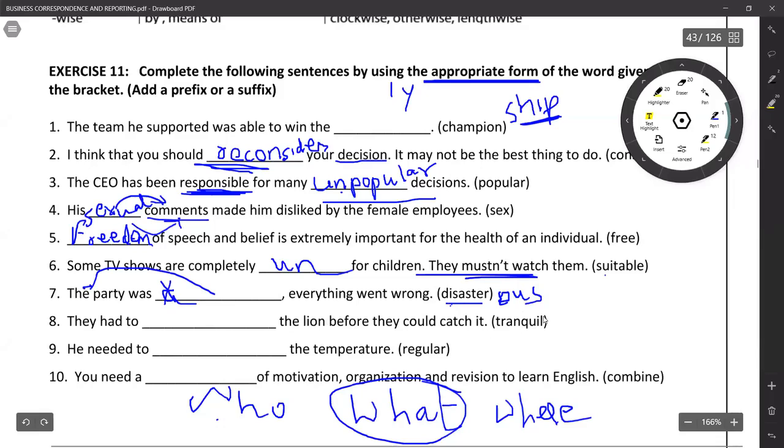OUS. Okay. They had to dash the lion before they could catch it. Yeah, they had to calm the lion down. They had to soothe the lion. They had to tranquilize the lion. IZE. Now, Dhruva has said ISE, Adarsh has said IZE. Which one, guys? IZE or ISE? Tranquilize, soothe, calm. ISE or IZE?